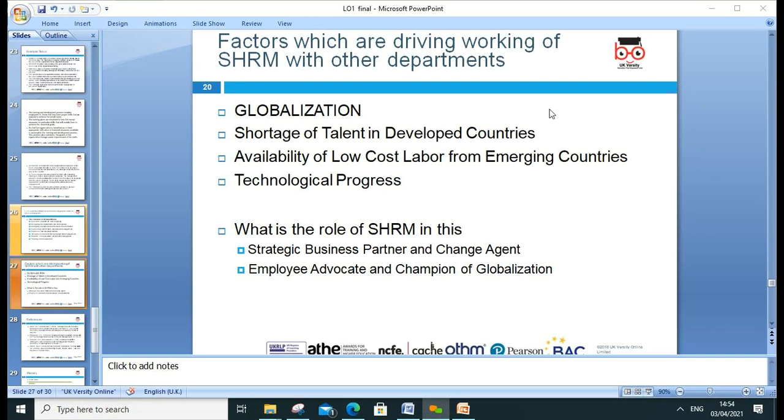So we need to make sure we link with it and we can evaluate it, and we need to look at various organizations that have changed themselves keeping in view globalization. Globalization creates opportunities, but it creates risks. Yes, those are the threats we have to overcome, and we can overcome them if we have an efficient workforce.